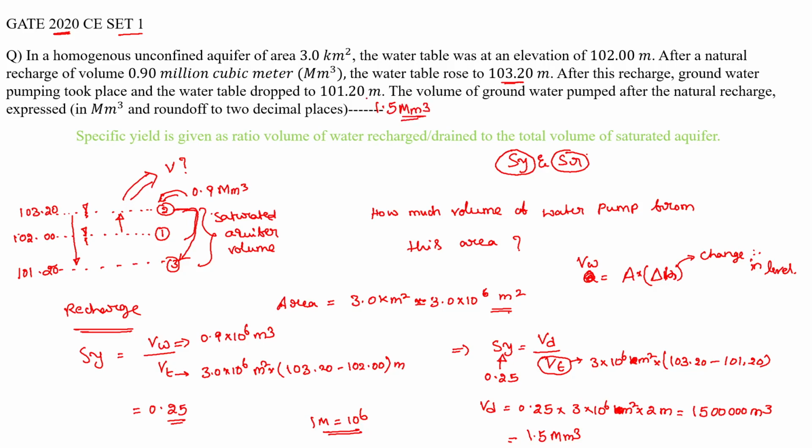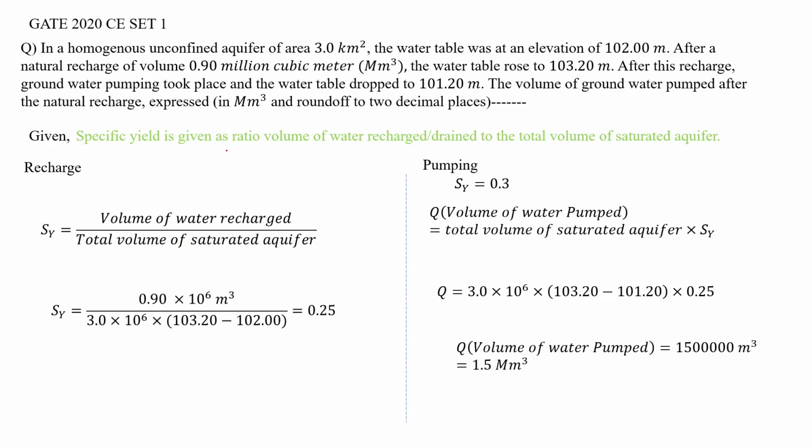So let's see the solution. I divided the question into two parts: one is the recharge part, another is the pumping part. This is a 2 marks question, so obviously it will require some effort. First, using the given information, you calculate the specific yield, which is the amount of water given by the aquifer per unit drawdown.